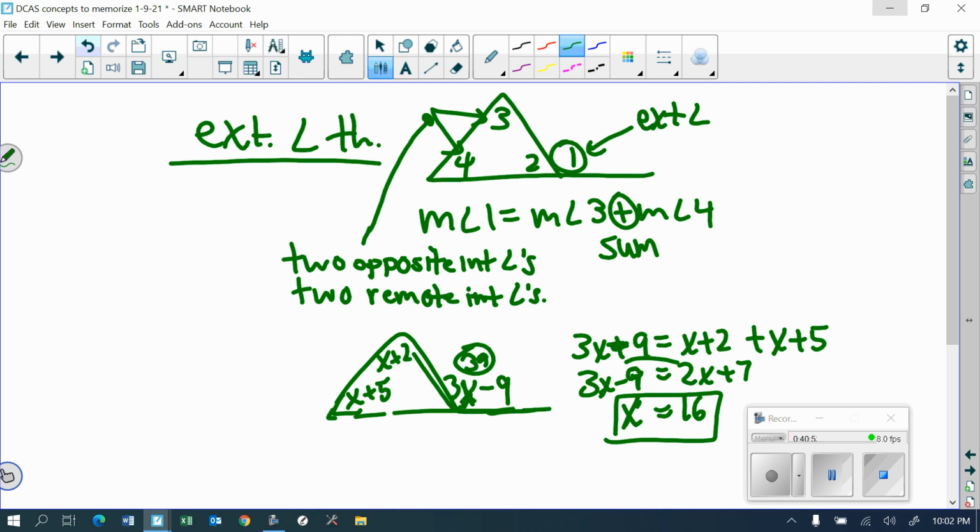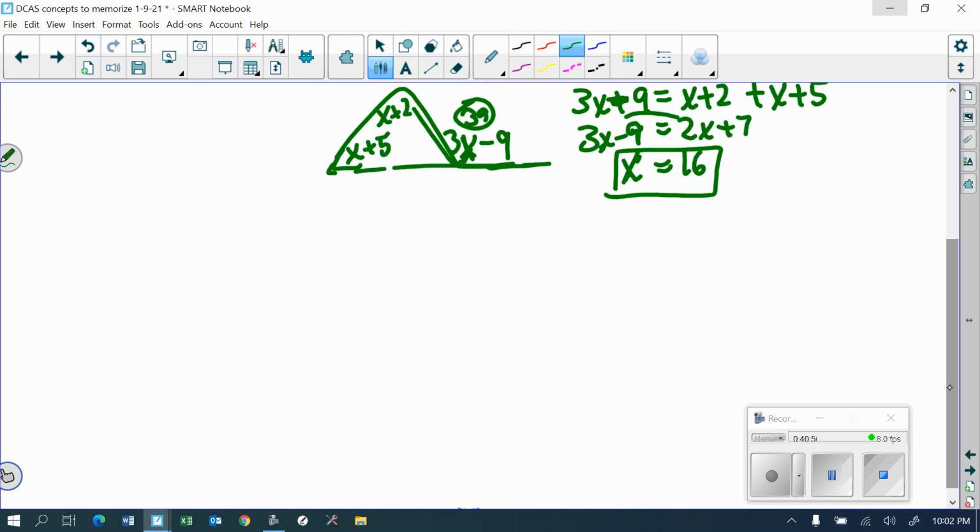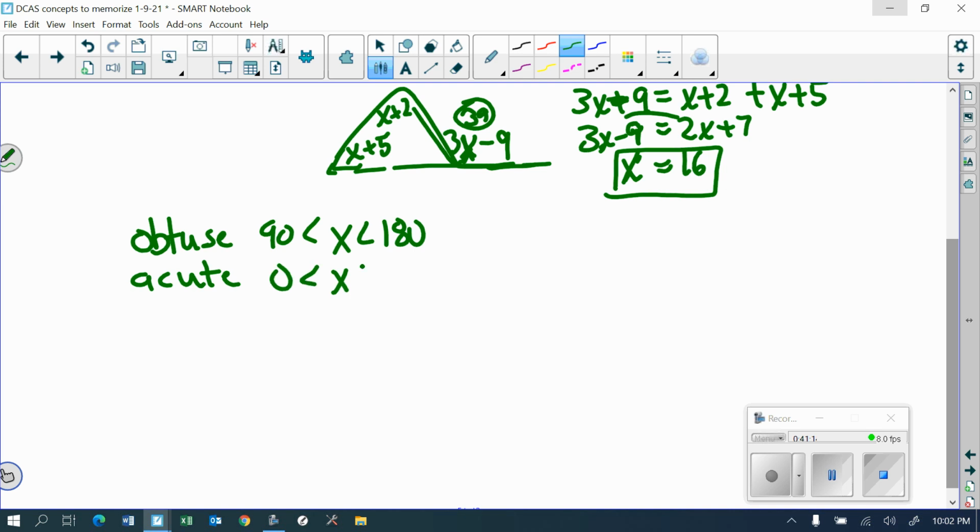Okay. Since I just used the word obtuse, let's throw that in there real quick. Obtuse, this is stuff you just know from elementary school and middle school, is greater than 90 degrees and less than 180. Acute, x is greater than 0, less than 90.